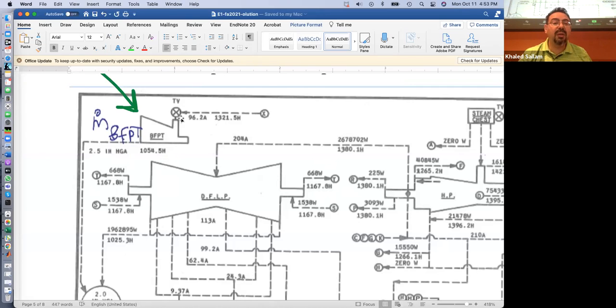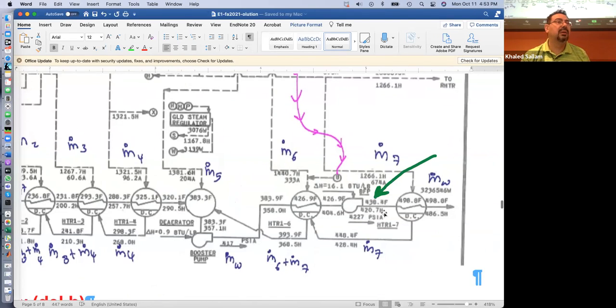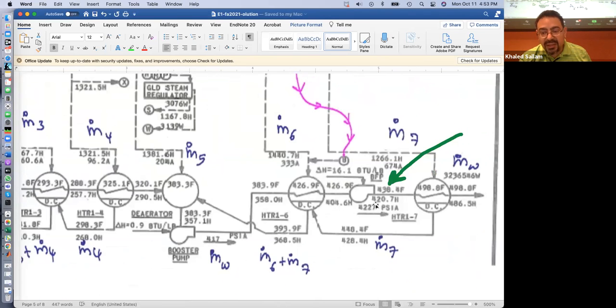So in this problem, this turbine is running this pump. This pump is moving 3 million pounds of steam from this condition to this condition. From this H, 404, to this H, 420.